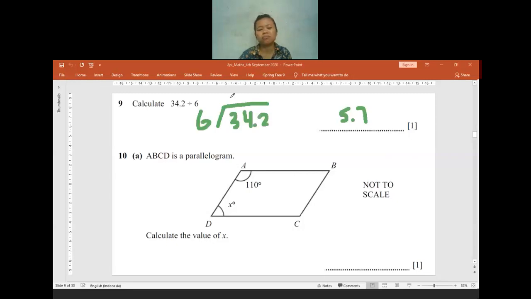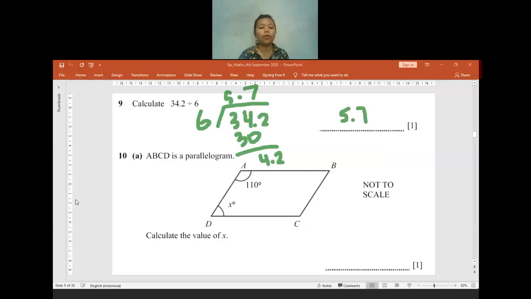As you know, 6 times 5 equals 30. So now we have 4.2, the leftover. To cancel the decimal point, we can put the decimal here. So later you will count it as 42 divided by 6, which is 7. That's why the answer is 5.7.